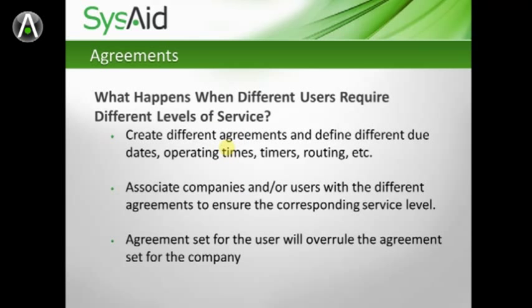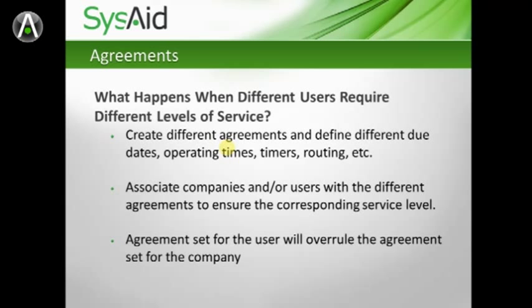After you have the different agreements with the different rules, more strict due dates, operating times that last beyond the normal operating times, routing to more higher level groups or so, then you could associate those special agreements with companies or users.